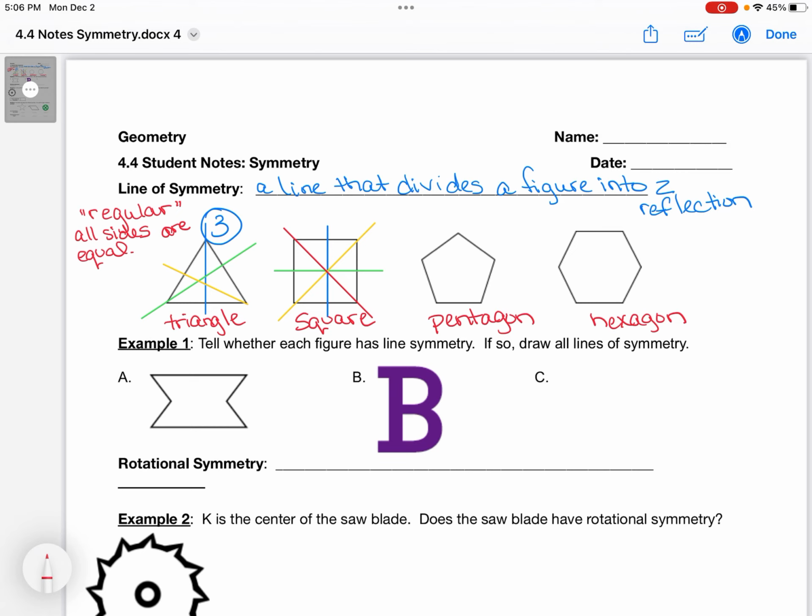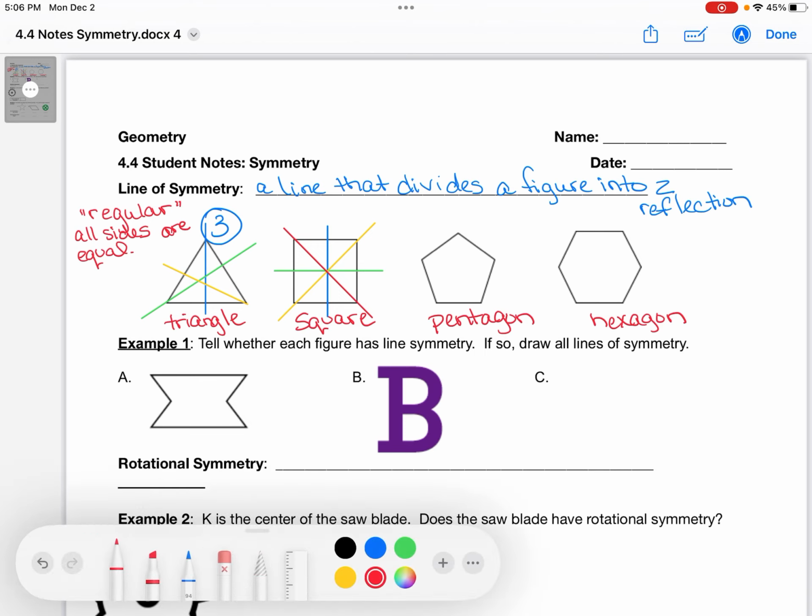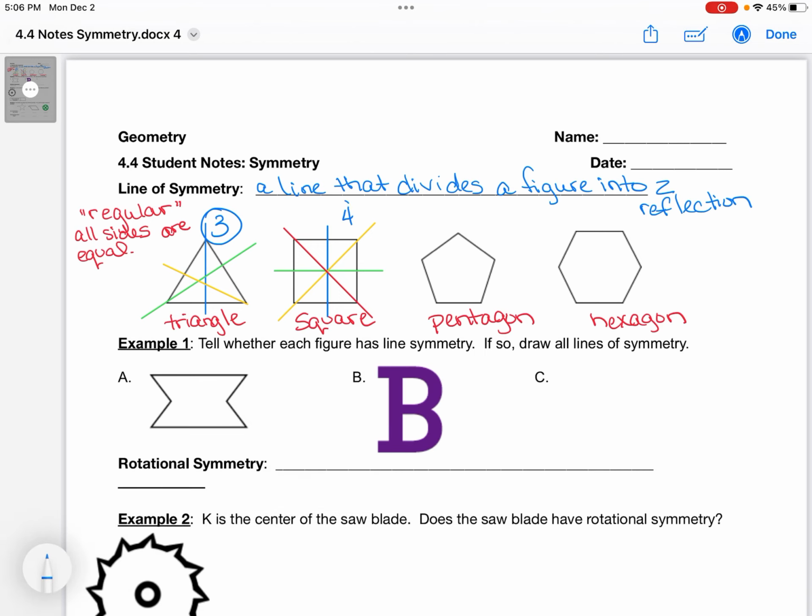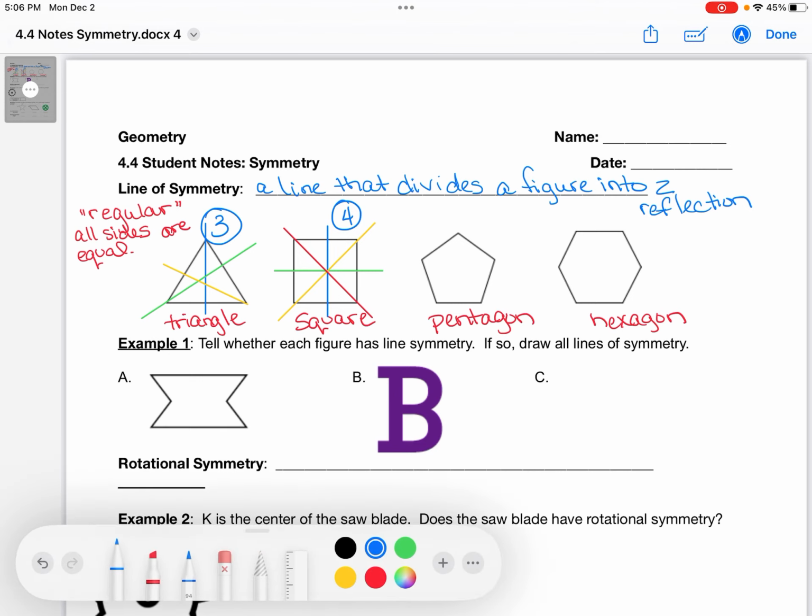Think about if you folded your paper along those lines, the 2 parts of the square would line up exactly on top of each other, which is a reflection. So a square has 4 lines of symmetry. All the angles are right angles, so it works.